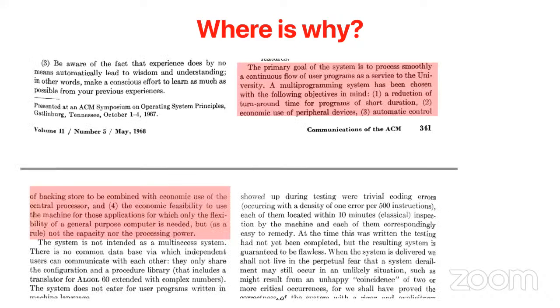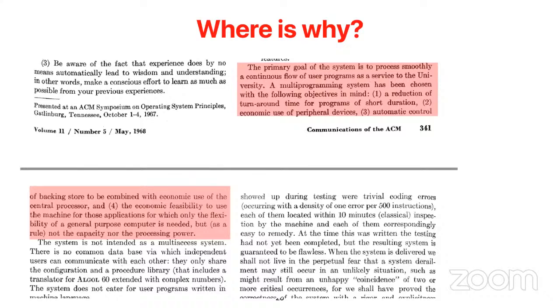Then this, at the end of the first page, the red part that I highlighted: the primary goal of the system is to process smoothly a continuous flow of user programs as a service to the university.